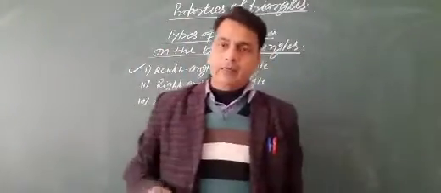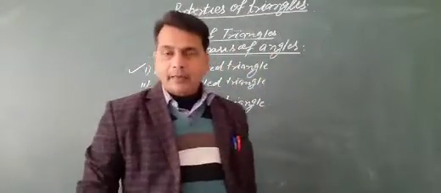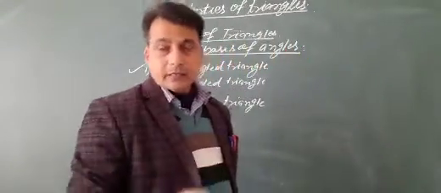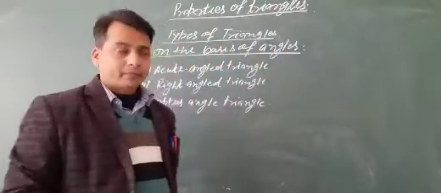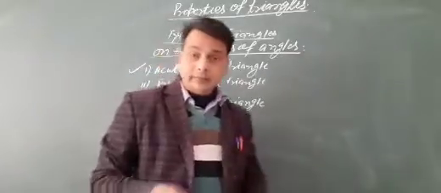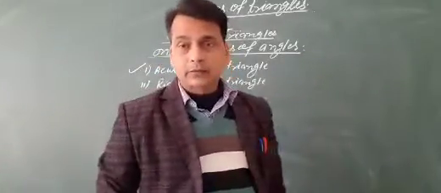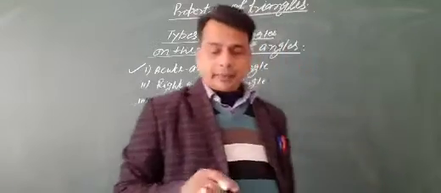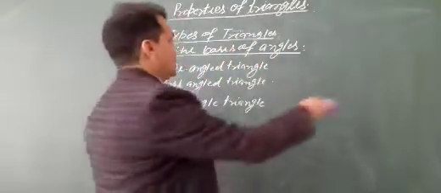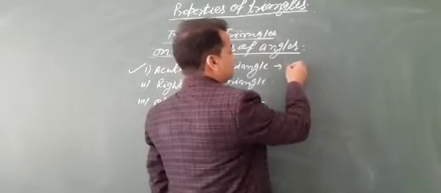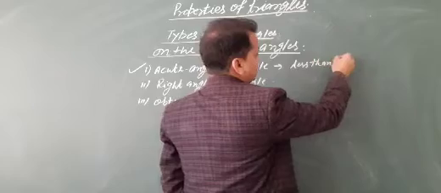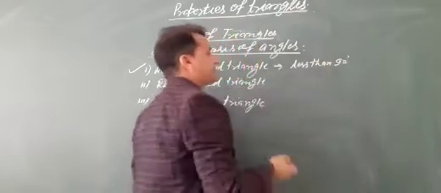In a triangle, if all angles are less than 90 degrees, meaning each angle is an acute angle, this type of triangle is known as the acute angle triangle.